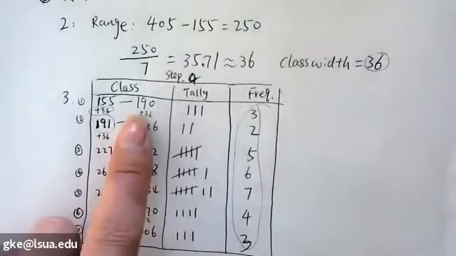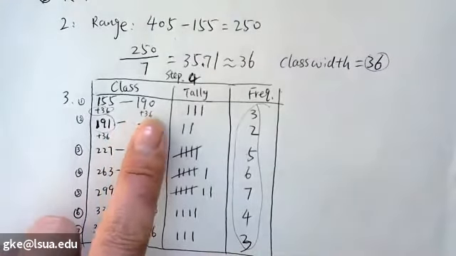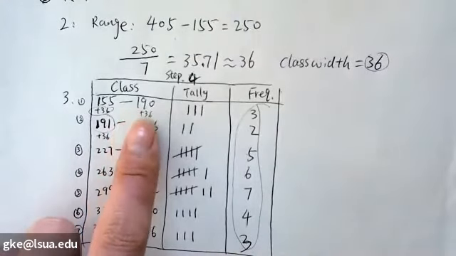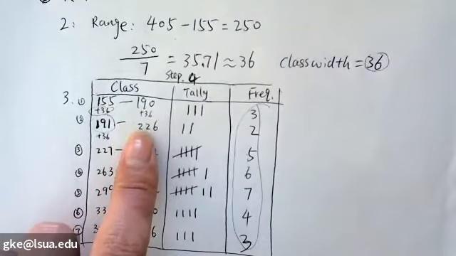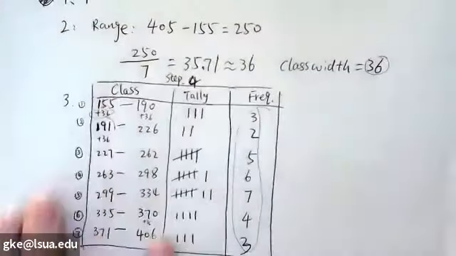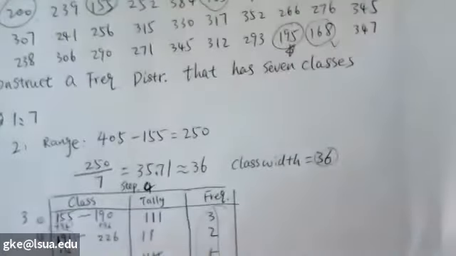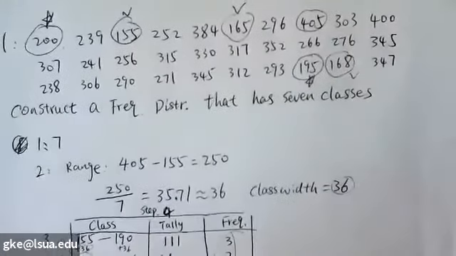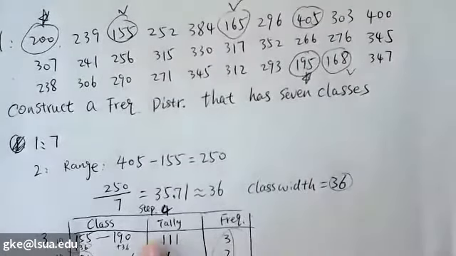Of course, you can add 36, the class width, to get the next upper class limit. Okay, after you construct the classes, then you can tally the entries, right?